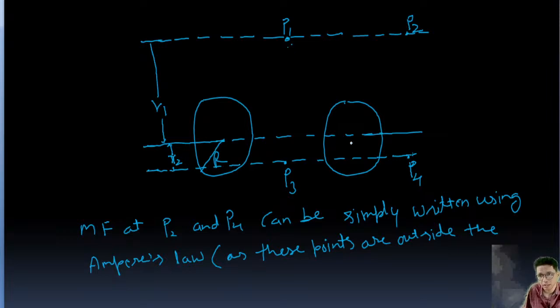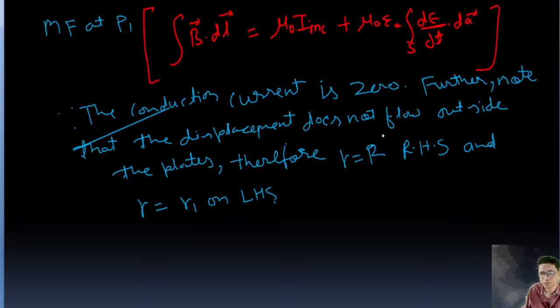Here you can see the radius of the plate is R, right? The displacement current flows inside the capacitor, inside the plates.